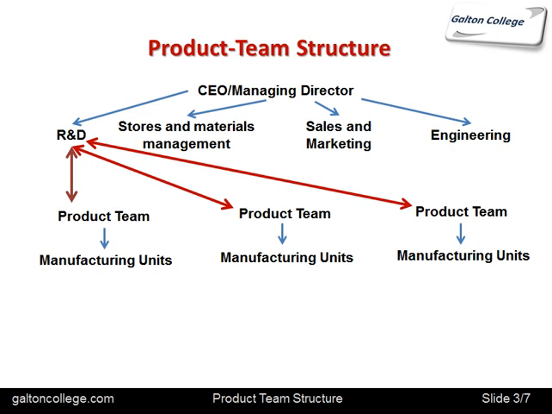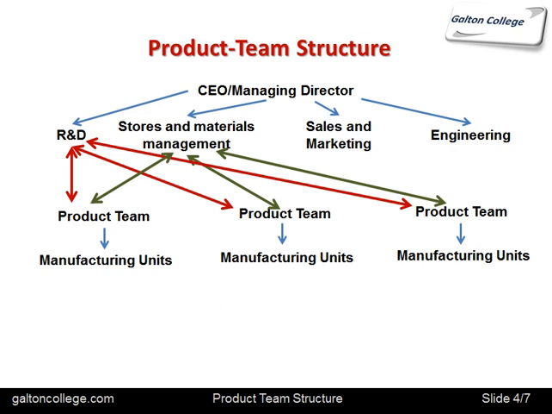However, these 3 product teams will also seek the resources and expertise and inputs from the Stores and Material Management. So we'll just pop in those arrows to show that they are also connected back to the Stores and Material Management.